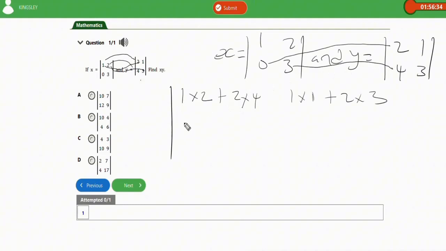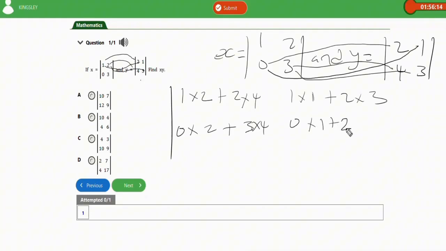So we have 0 times 2 plus 3 times 4. Then you go again, this 0 times this 1, and this 3 times this 3. So we have 0 times 1 plus 3 times 3.